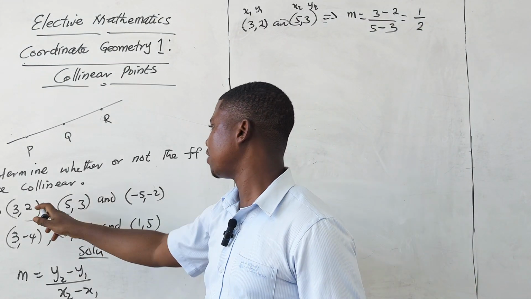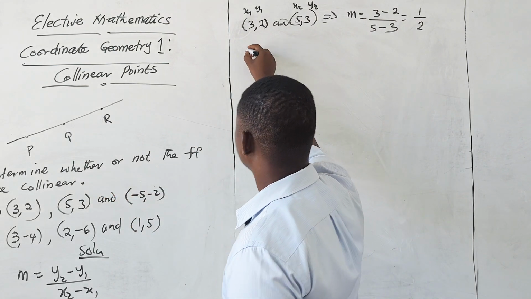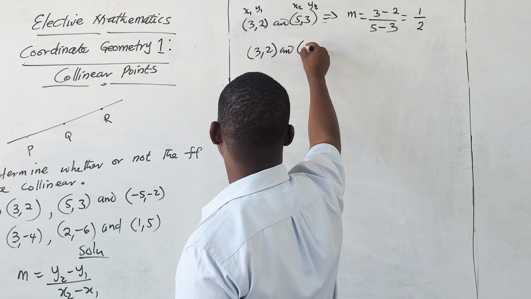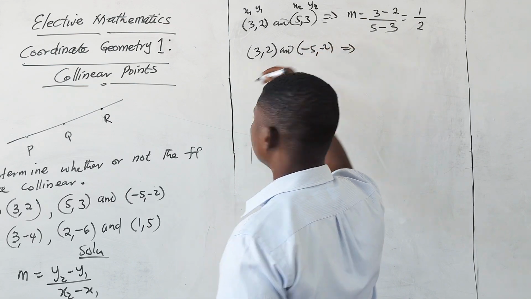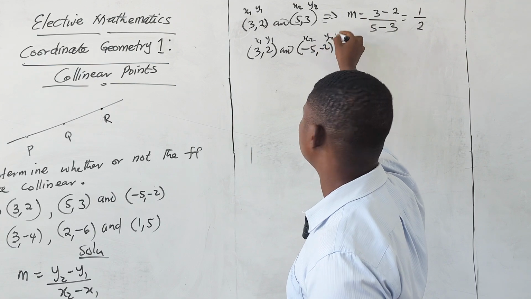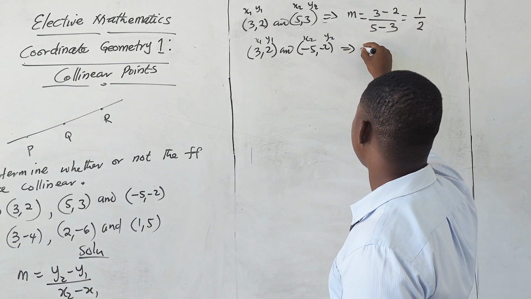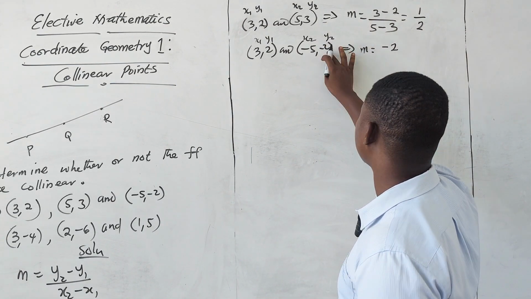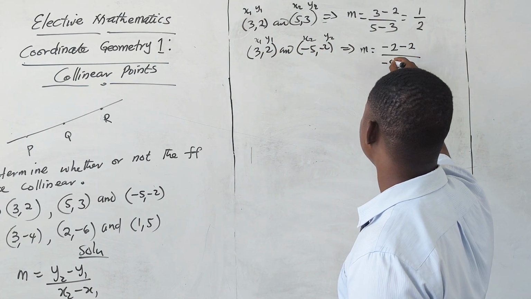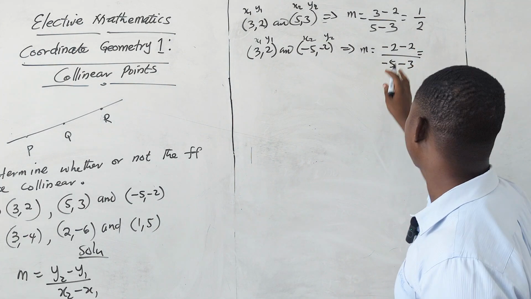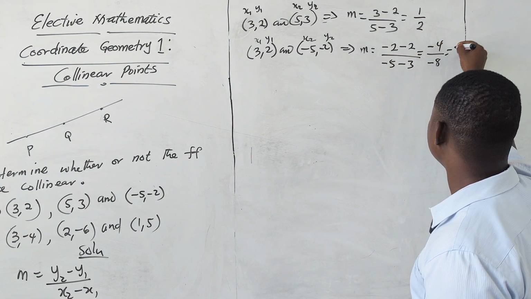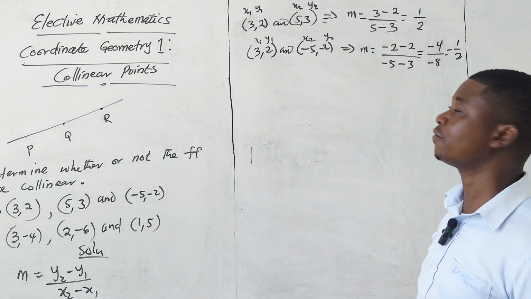Now let's look at the gradient for the second one, which is (3, 2) and (-5, -2). This one is our x1, y1, x2, y2. So with this, our m is equal to -2 minus 2 over -5 minus 3. So we have -4 over -8. And this one will give us 1 over 2 because when you cancel, you have this.